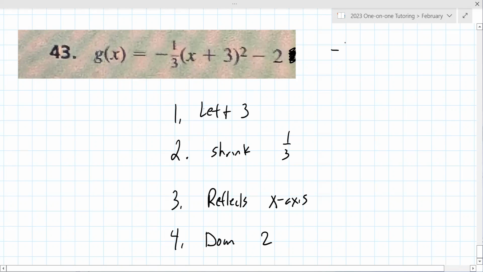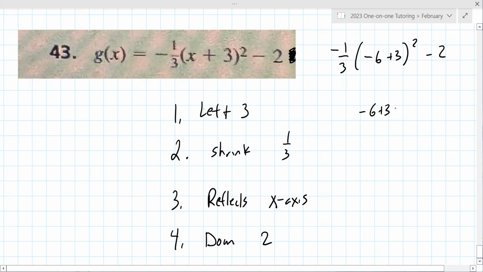And I'll give you a numerical example again. Let's say it was -6 plus 3 squared minus 2. What would you do first to evaluate it? First I would add inside the parentheses, -6 plus 3 is -3, and then square that.